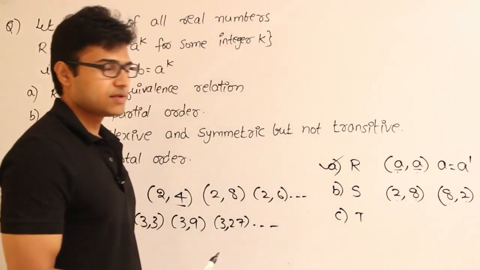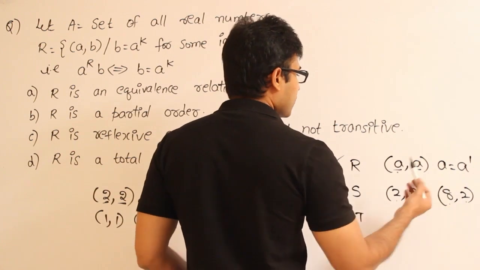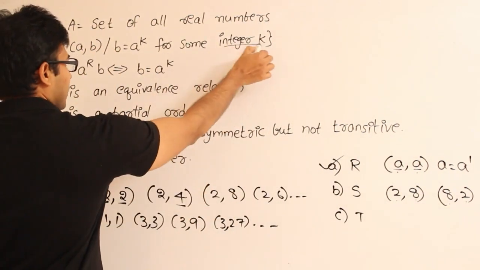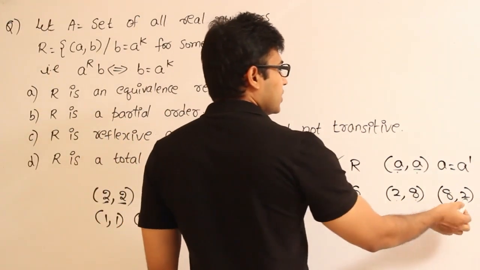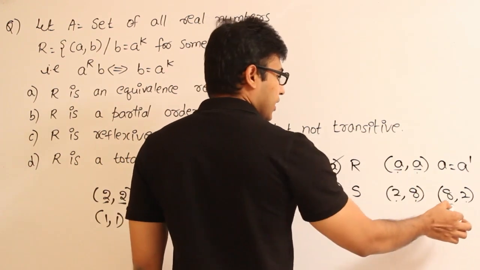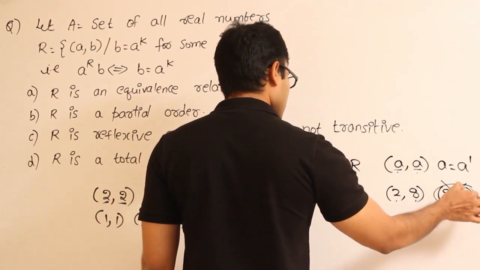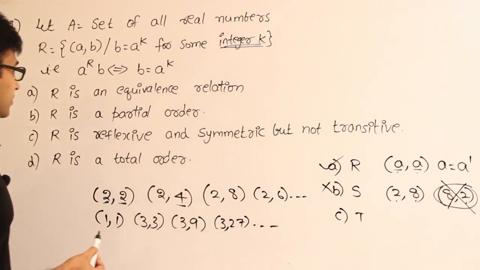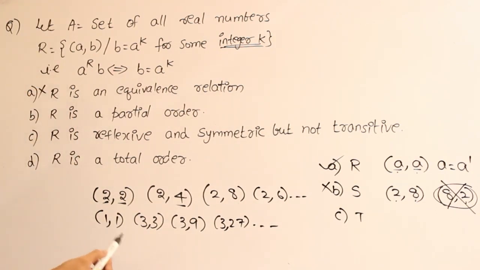We can write 2 as 8 power 1 by 3, but just observe this. They have given that it should be an integer, so it cannot be written. Therefore even though 2 comma 8 belongs to R, elements of type 8 comma 2 cannot belong to the relation, so it cannot be symmetric. If it cannot be symmetric, it cannot be equivalence. So R is definitely not an equivalence.